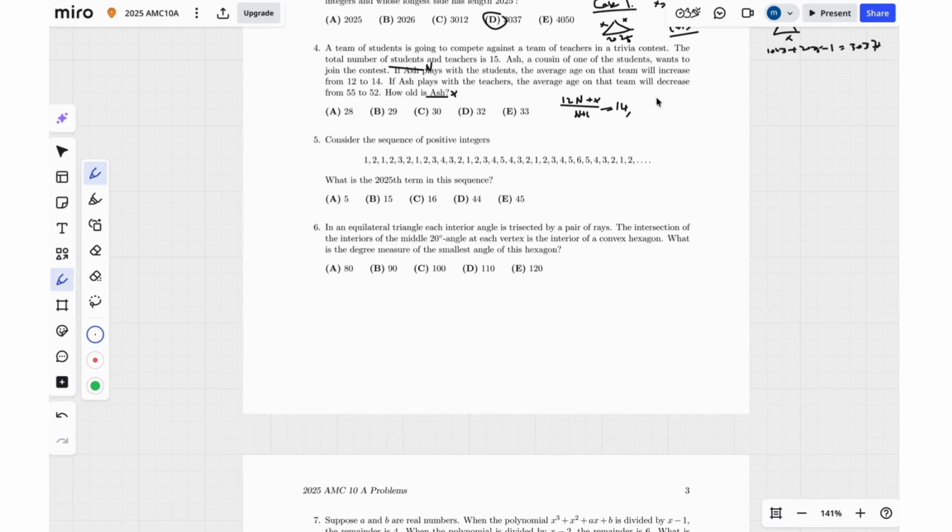And we also have (15 minus n plus x) over (16 minus n) equals 52. So now we can just solve. We have 12n plus x equals 14 times (n plus 1), which is 14n plus 14. So x equals 2n plus 14.